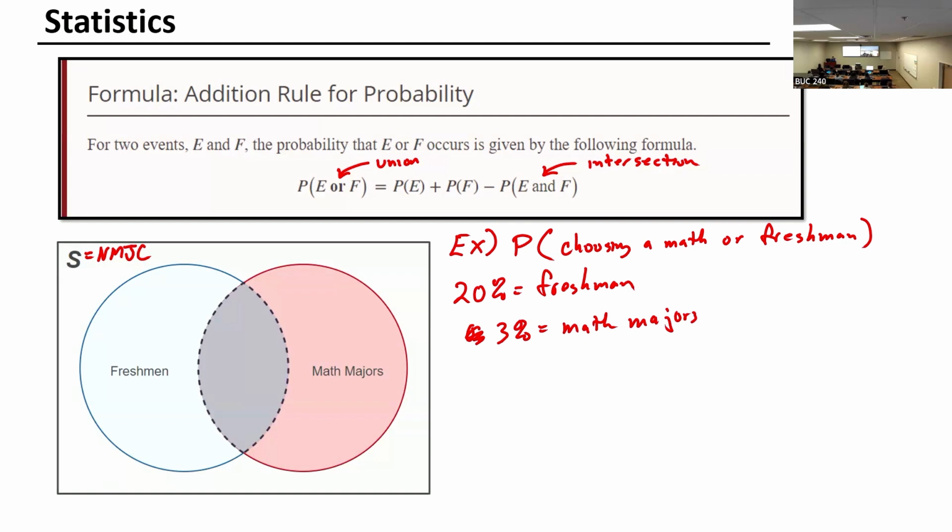And then I'm going to say this, 0.5%. We're going to say they're both. That means they're freshmen and they're math majors. Okay. So, why do I have this right here? Thinking of the graph right here.